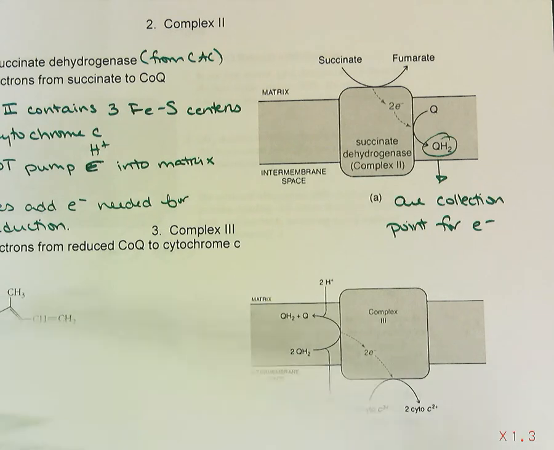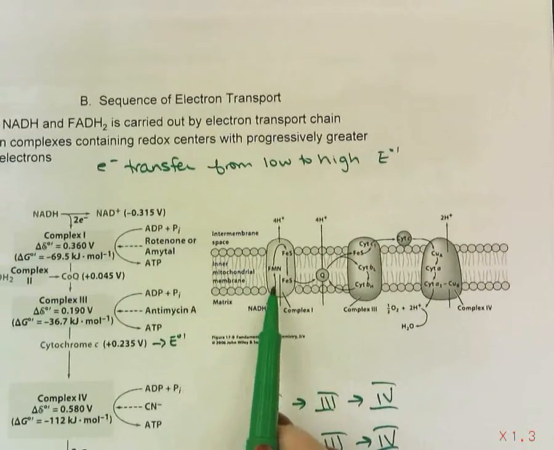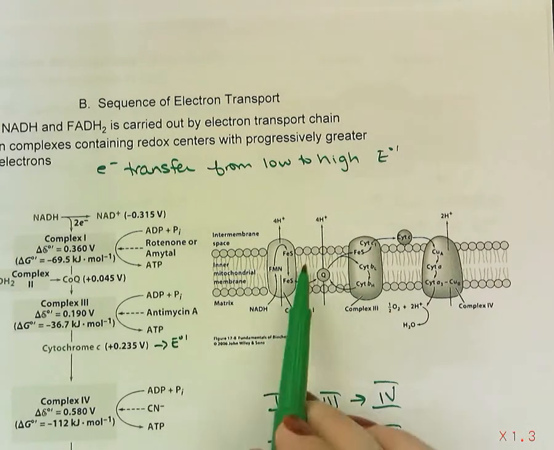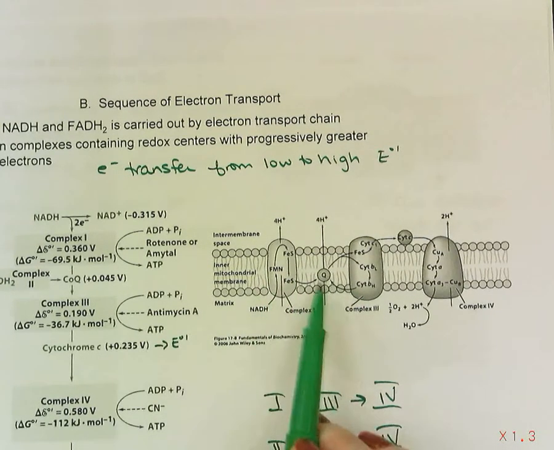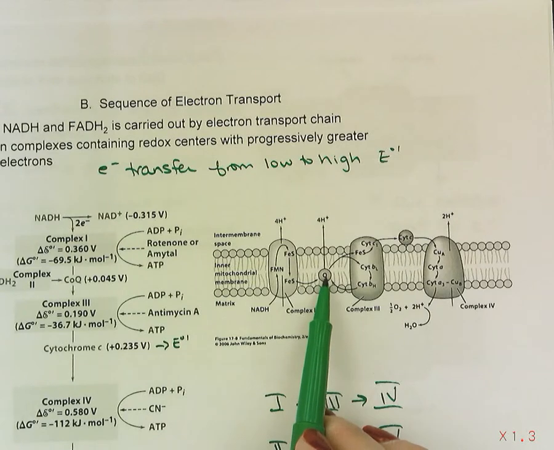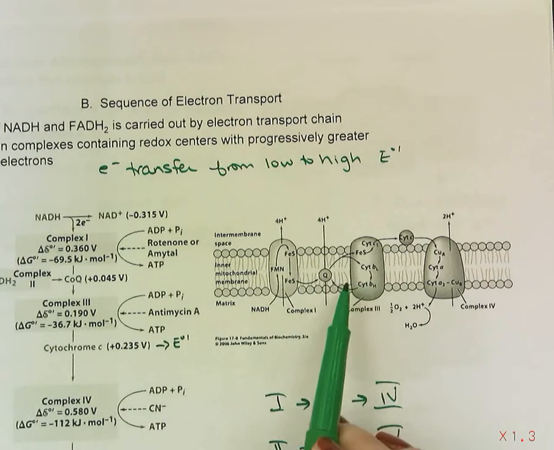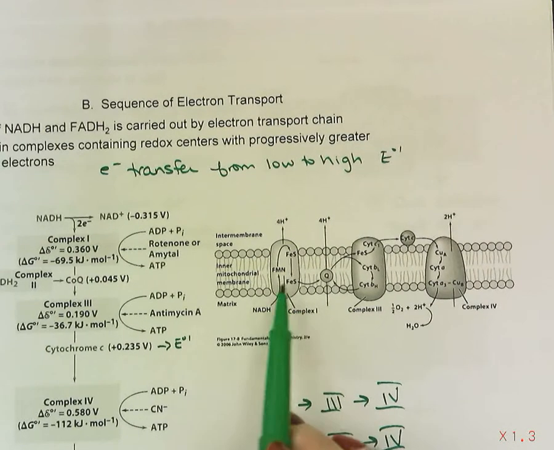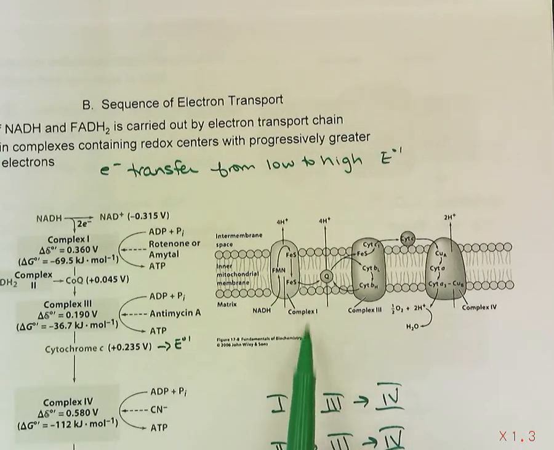So if we look at this scheme, complex 1, it's showing 1, 3, 4, but 2 is in this area. This Q that's in between 1 and 3 is also in between 2 and 3. So it's the same Q, it's just either collecting electrons from 1 or collecting electrons from 2.